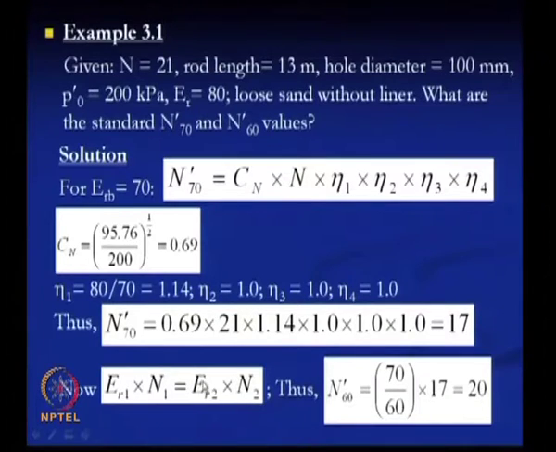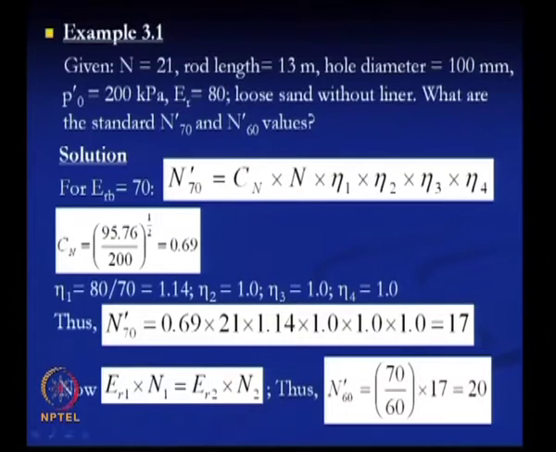This 70 is the standard energy ratio value, and we are converting the N value for standard energy ratio 70 to an N value for standard energy ratio 60. So, this will be 70 by 60 into 17. So, this value is 20. We are expressing this N value in integer form.